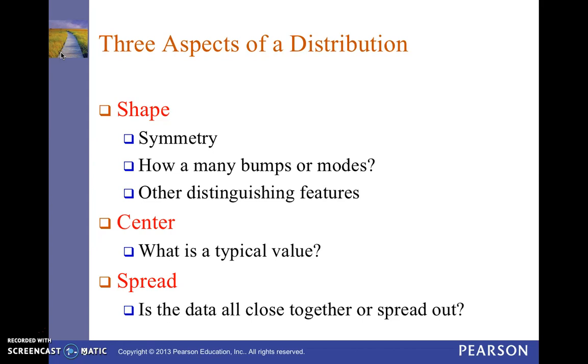We're always interested in describing these things. This week, you're going to focus on how to describe these things using graphs. But next week, we're going to start talking about how we can actually use statistics, usually called descriptive statistics, to describe these things.